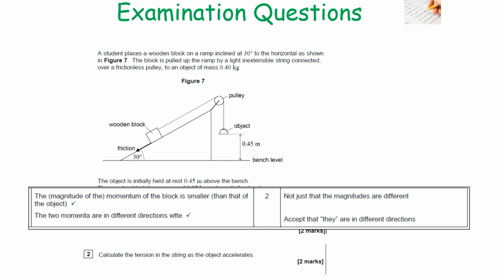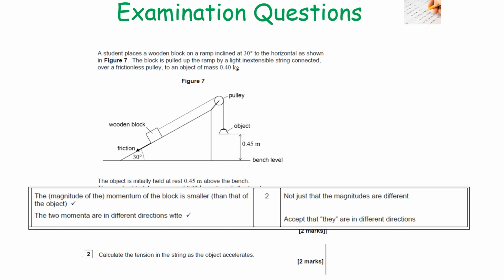Now, how do you calculate the tension in the string? It's important to note that if you look at the situation, the object is pushing down on the string and producing a force of mass times acceleration, because F equals ma, it's accelerating downwards. But what about in the other direction?